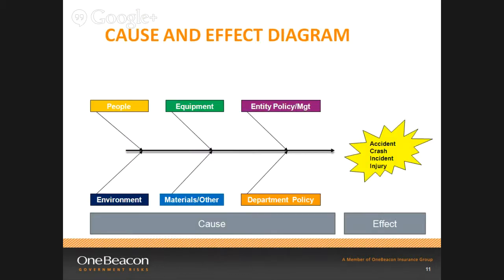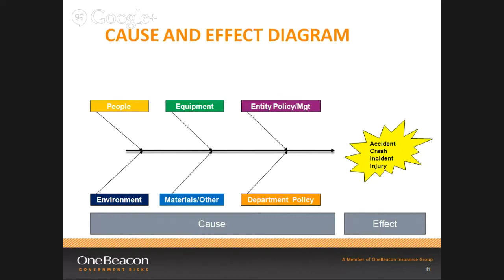We talk about it in a little bit different manner, simply to make a point. These are the same 6 items: the people, equipment, entity policy, environment, materials, department policies. Typically, we're going to have at least 2 of these factors, oftentimes 3 and 4, that combine together to make up the incident situations that lead up to this effect, which is the accident.